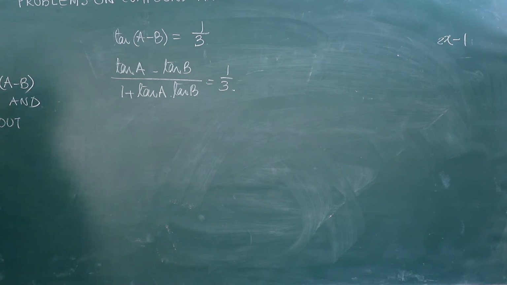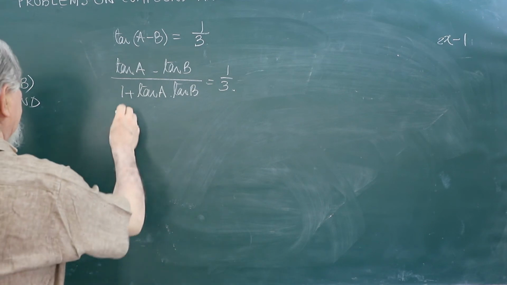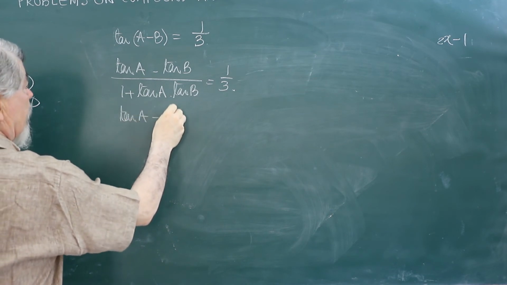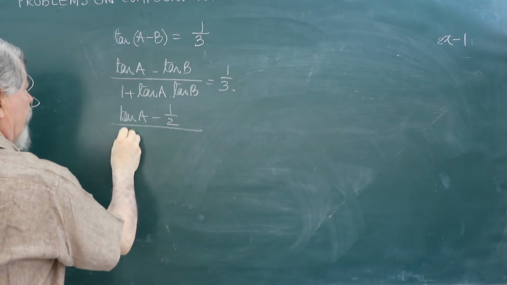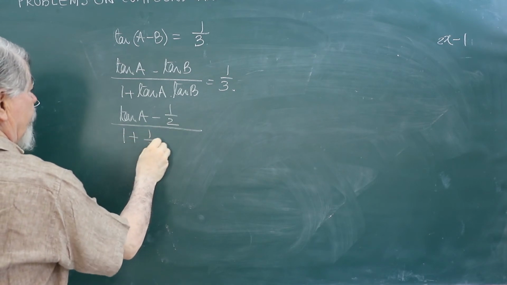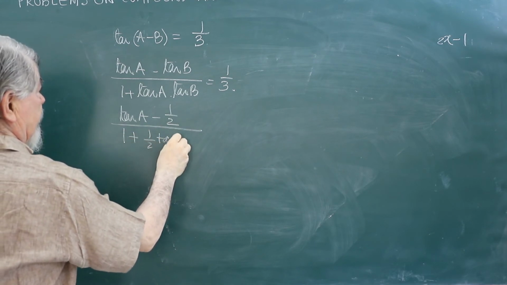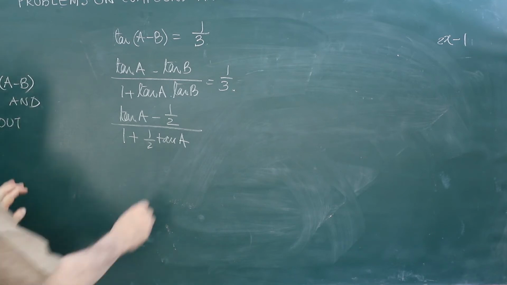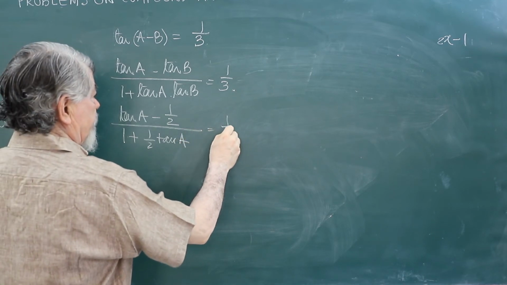Now we know the value of tan B. tan B is half and I have to calculate tan A. So (tan A minus half) upon (1 plus half tan A), because tan B I know is half. So in place of tan B I have put the value half and I want to calculate the value of A. So 1 upon 3.